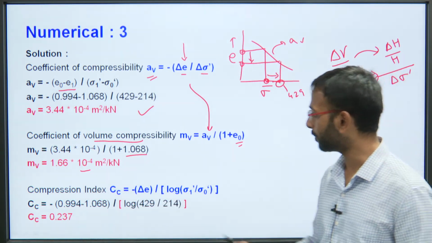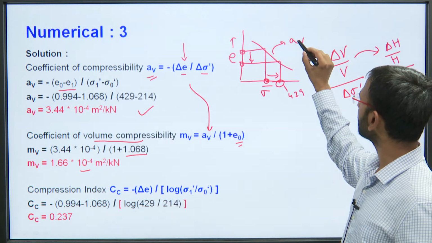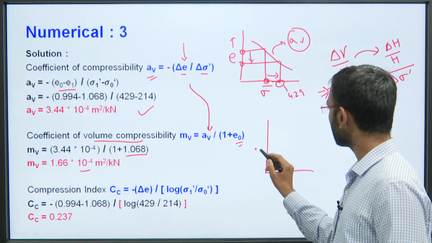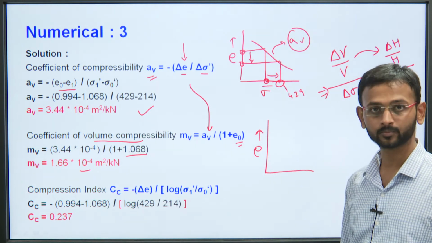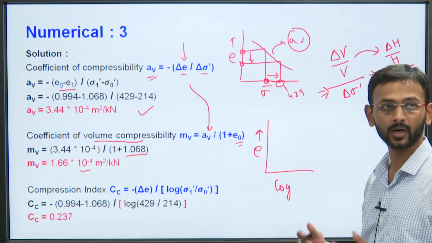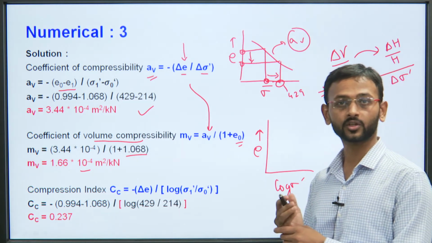Now, we move on to the compression index. Compression index is the graph between e and log of sigma dash.